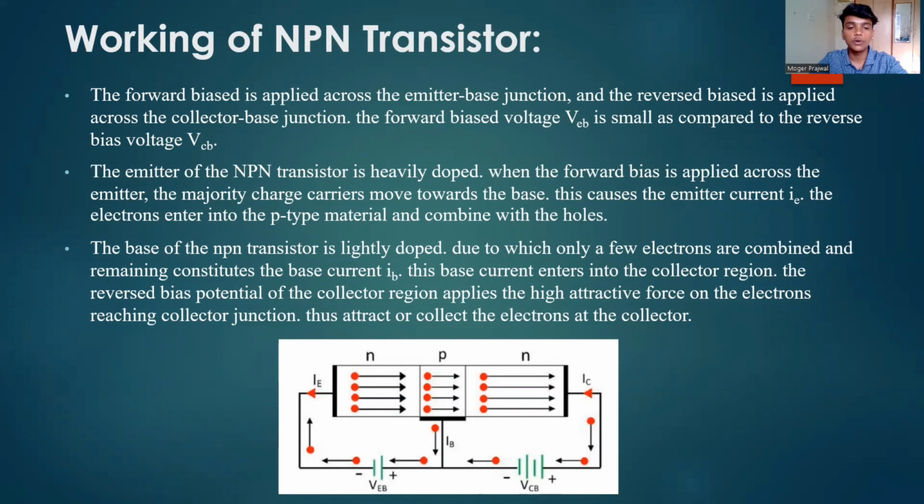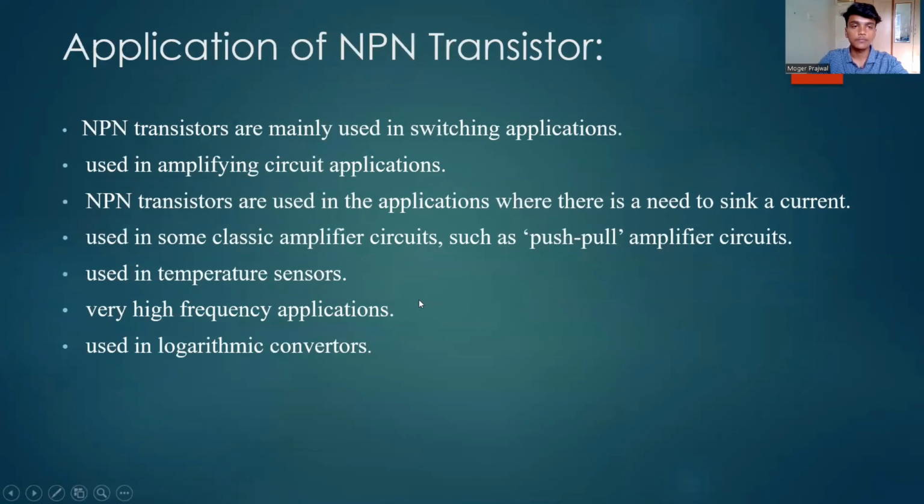The reverse bias potential of the collector region applies a high attractive force on the electrons reaching the collector junction, thus attracts or collects the electrons at the collector. This is the circuit diagram representation of NPN transistor and this is the working process of NPN transistor.